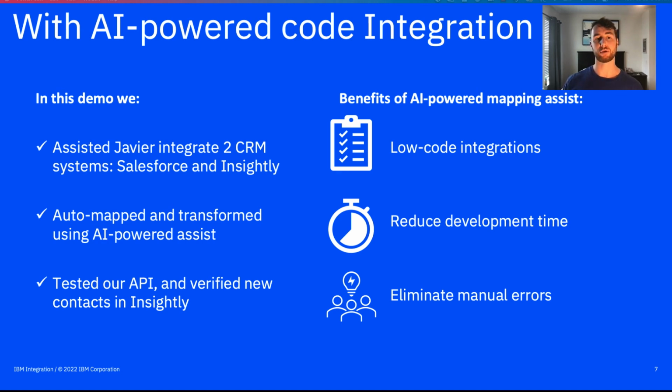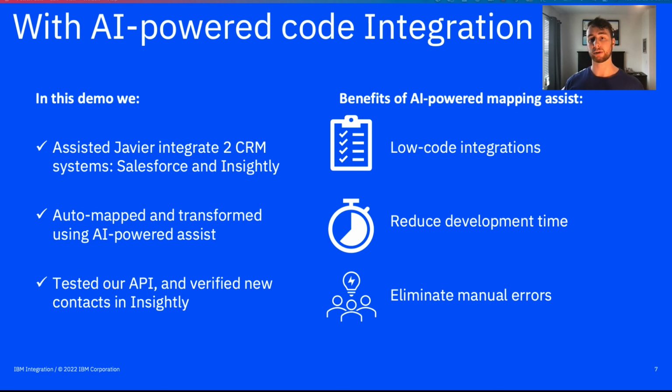We were able to leverage AI-powered assist to use machine learning to automate this process and automate mapping in particular. If the fields from the previous system to the latter system were very close, we were able to auto map these features and these line items.